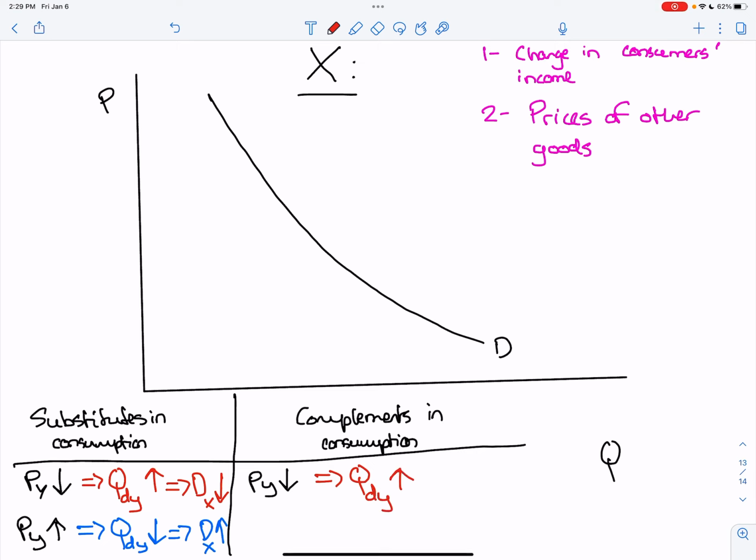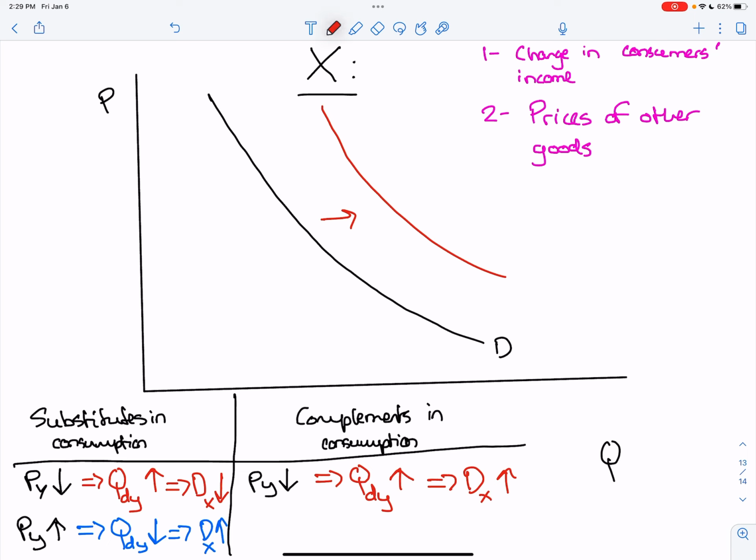But now the consumer is consuming X and Y together. So this will actually cause the desire for X to go up since the quantity demanded of Y is going up, right? So a decrease in the price of a complement in consumption will cause a rightward shift of the demand curve.